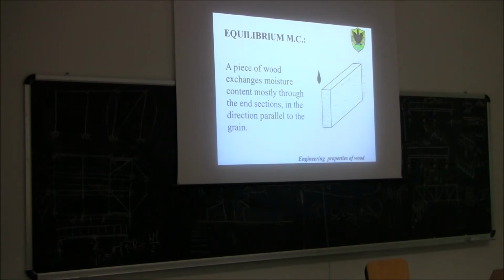So this is the direction parallel to the grain. Yes, this will be the trunk. Here you can also see by eye that there are some small columns, which are the lumens of the cells. And so the penetration of water in this direction is much easier than here. Okay?